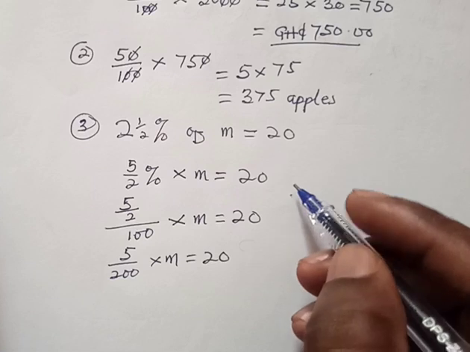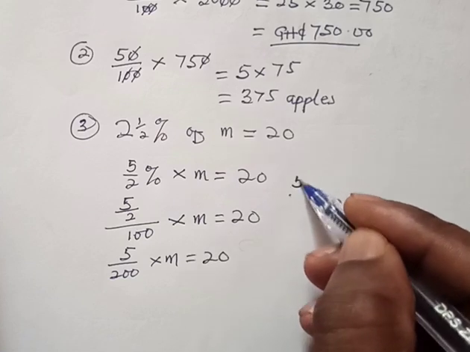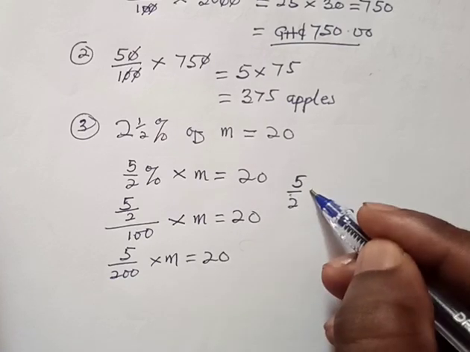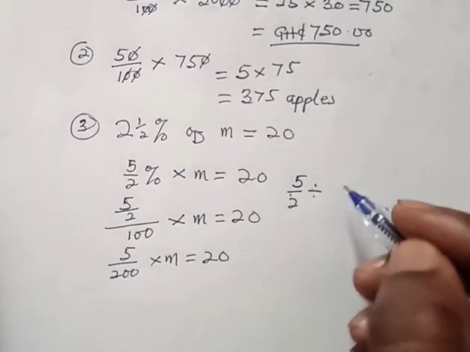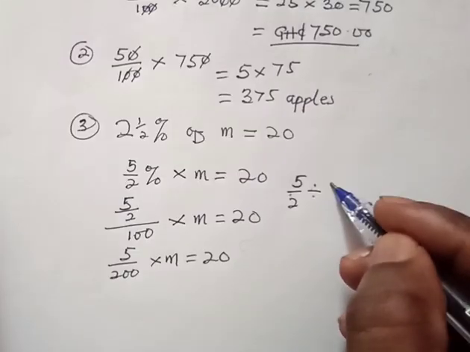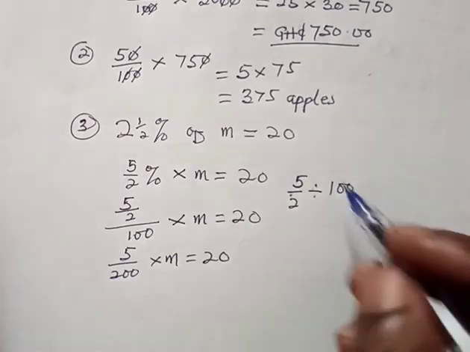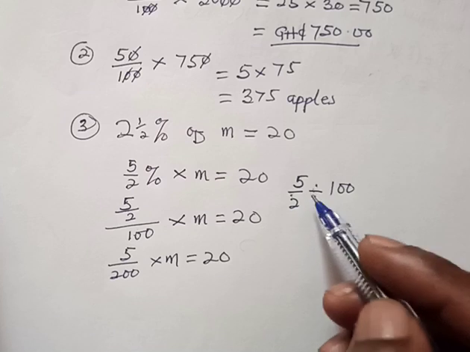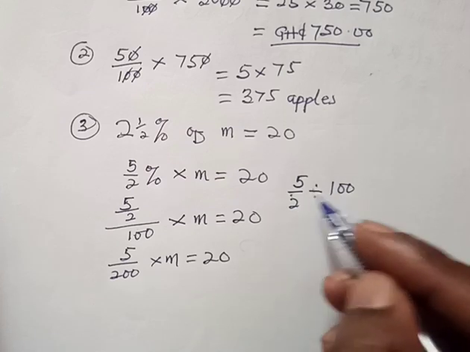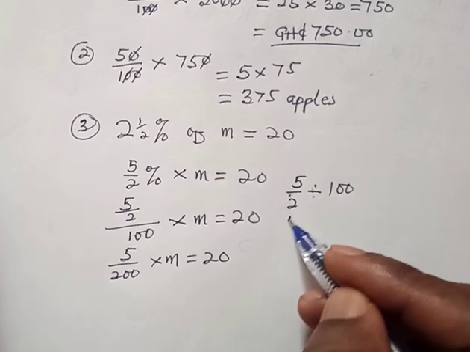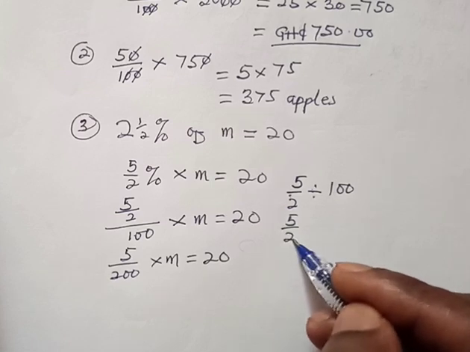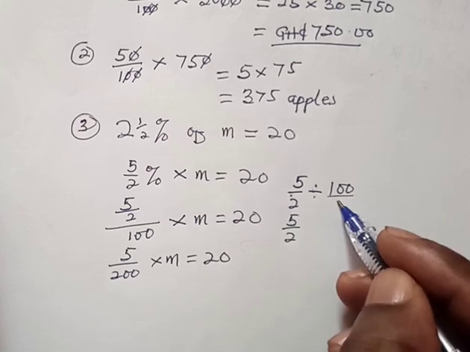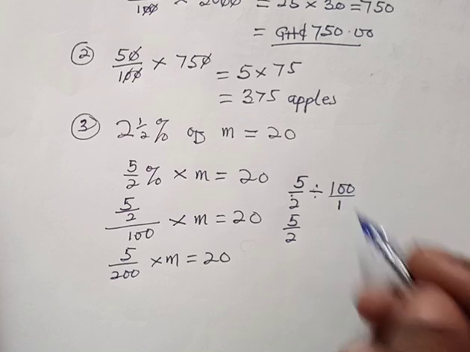So this is 5 on 2, which is divided by 100. We know that in basic fractions, when you have division which involves fraction, you just maintain the first fraction, and then this one, you know that is dividing 1.